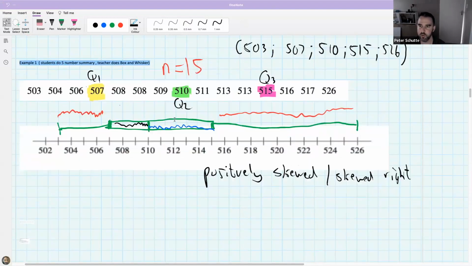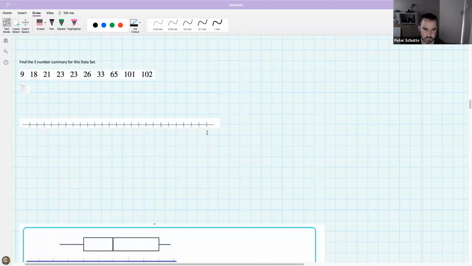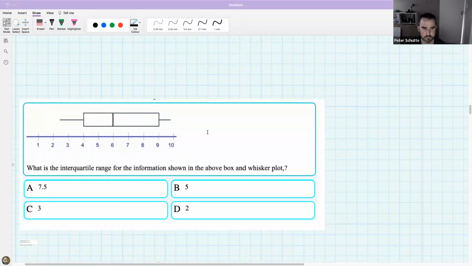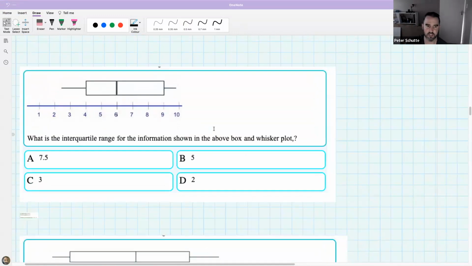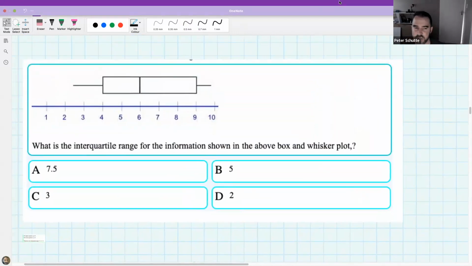Okay, let's do a couple of multiple choice questions to end today, just to finish things off. Answer this multiple choice question for me. What is the interquartile range for the information shown in the box and whisker plot here?